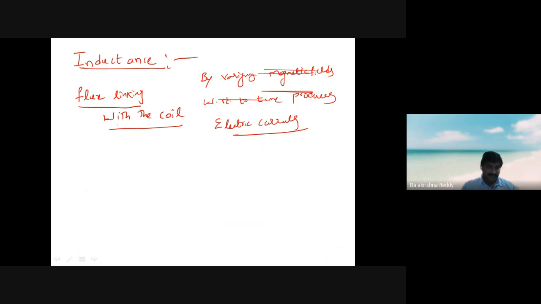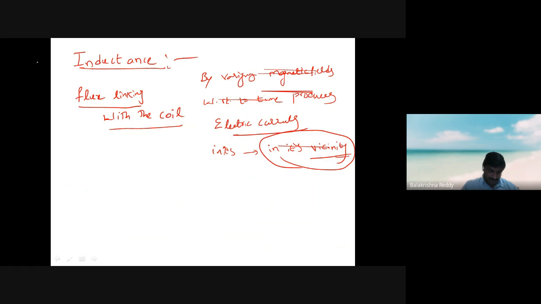So the flux linking with the coil induces EMF in its own coil, or in its vicinity. Vicinity, I say, because if any other coil is influenced by this flux, then it is in its vicinity also.